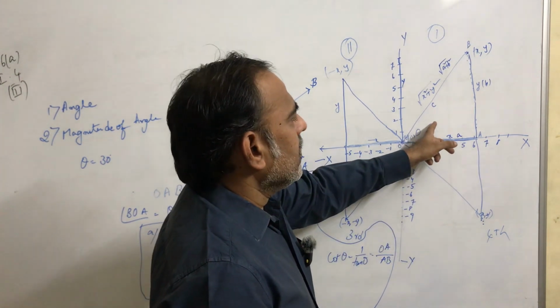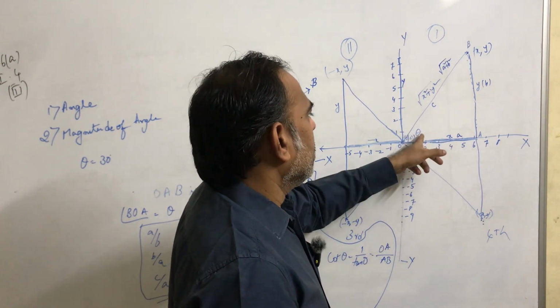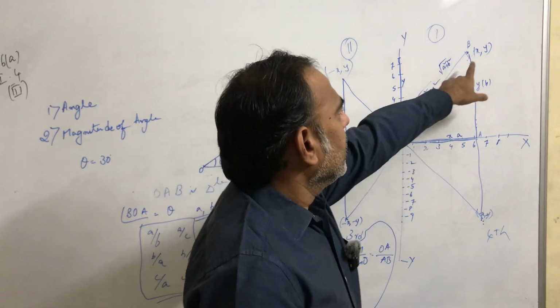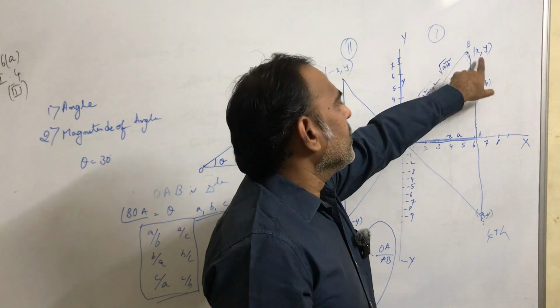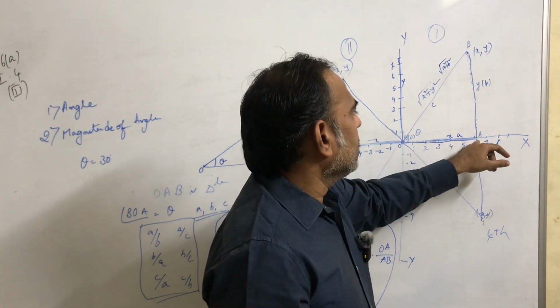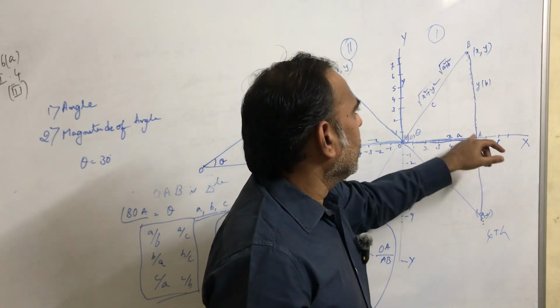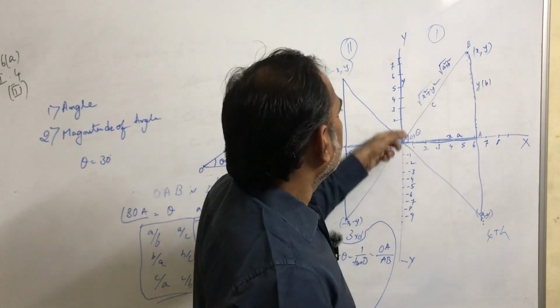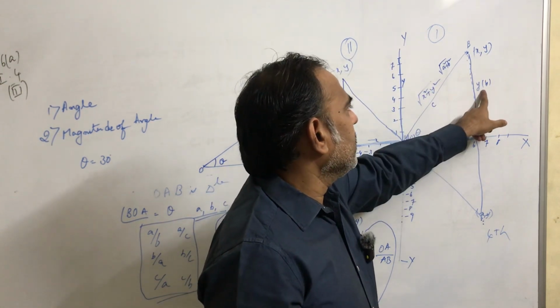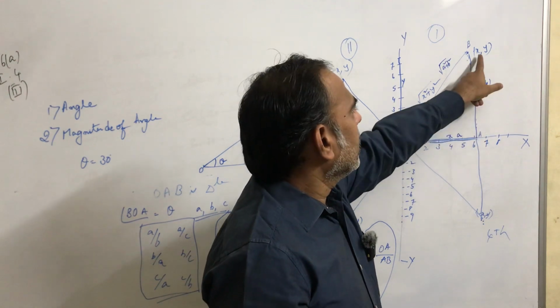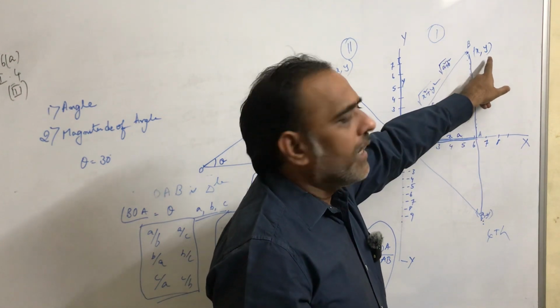First we will take the first quadrant. In the first quadrant, every point is represented as x comma y. That means we need to travel x distance in the positive x direction and y distance in the positive y direction. So this is x and this is y. That is the meaning of x comma y point.